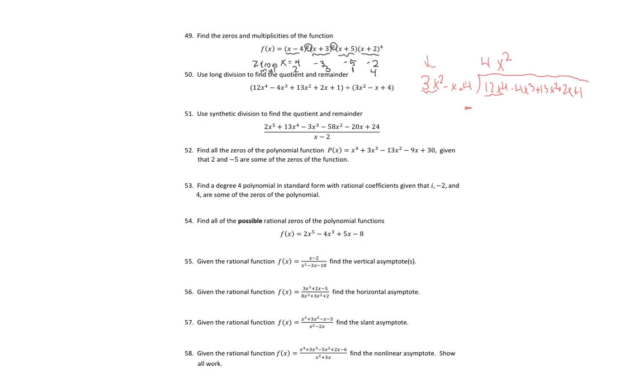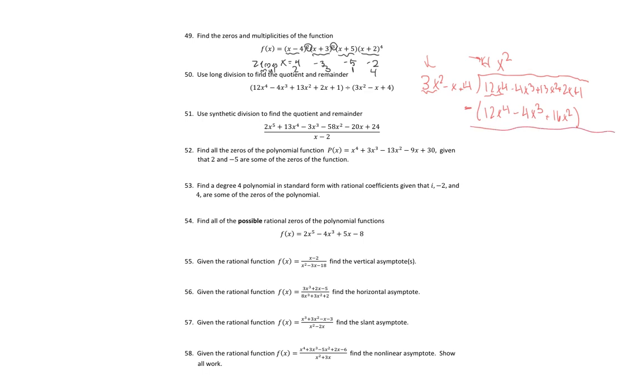So from there, I'm going to subtract. And what I want to subtract is this 4x squared times each of these. So 12x to the 4. 4x squared times minus x would be minus 4x to the third. 4x squared times 4 is going to be plus 16x squared. And remember, I'm subtracting these, so the signs are going to flip.